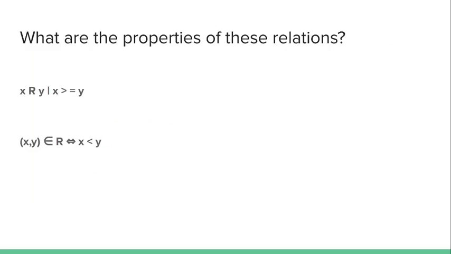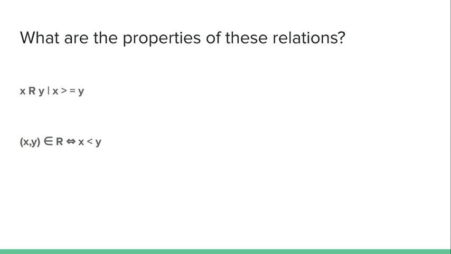So let's just practice with a couple of examples. What would the properties of these relations be? Noticing also the syntax and notation, I've exposed you to several different kinds of syntax here. All of them are valid syntax to express these concepts.